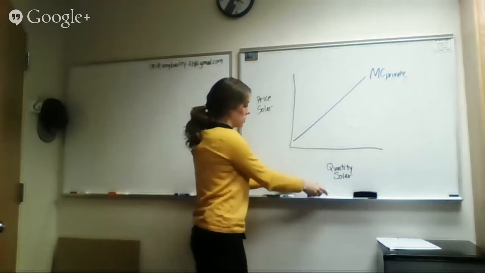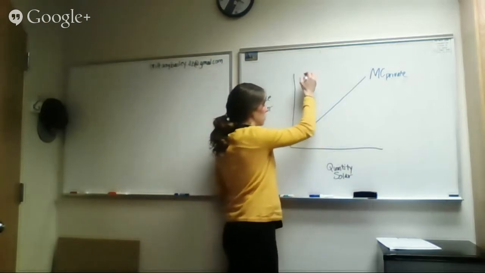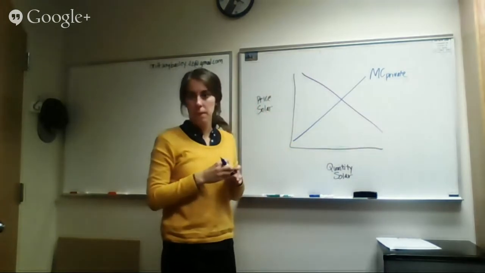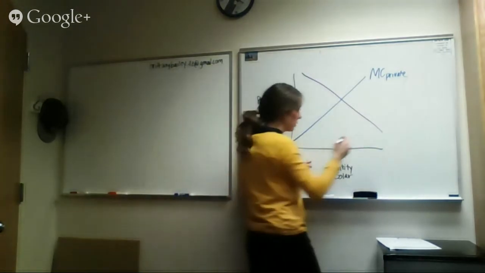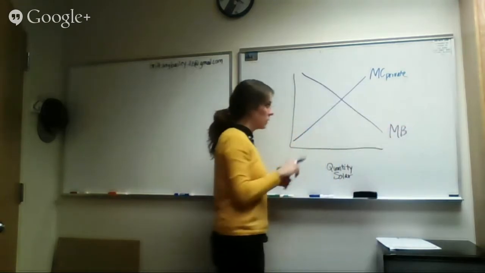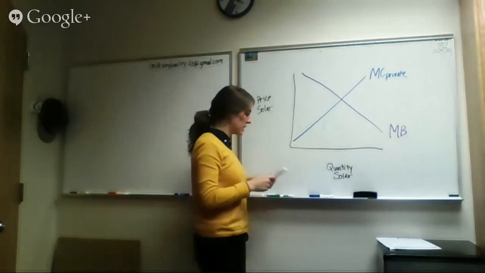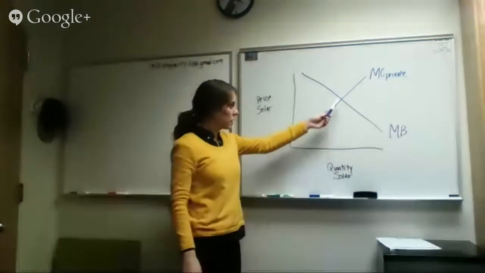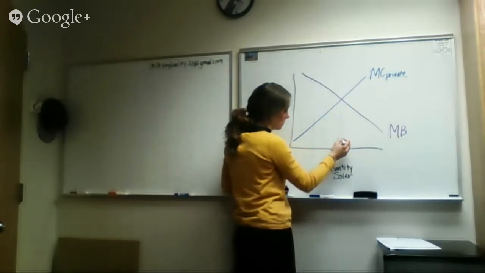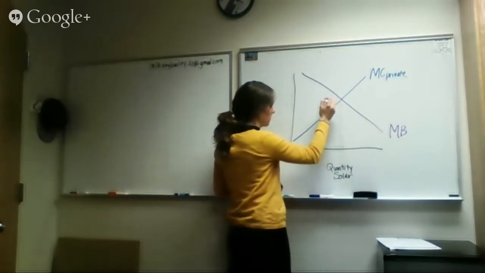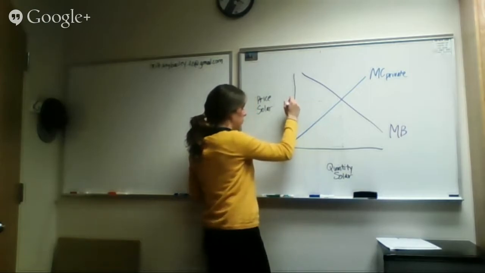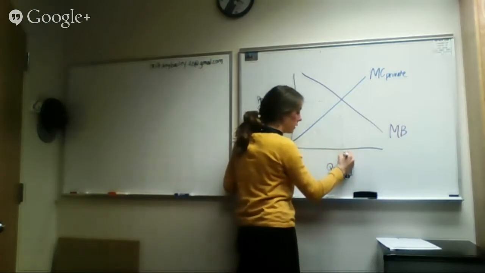I'm going to also draw the marginal benefit that they receive. So if this is the case, then we have a market where the equilibrium is right here, at a certain P1 and quantity 1.